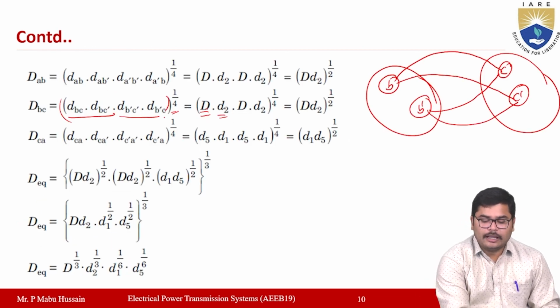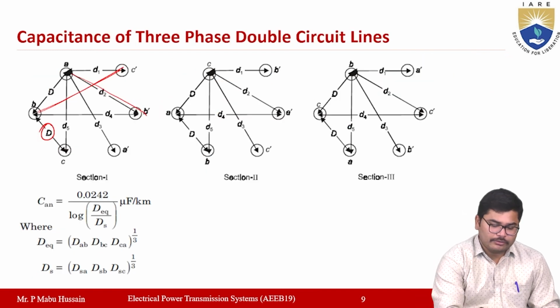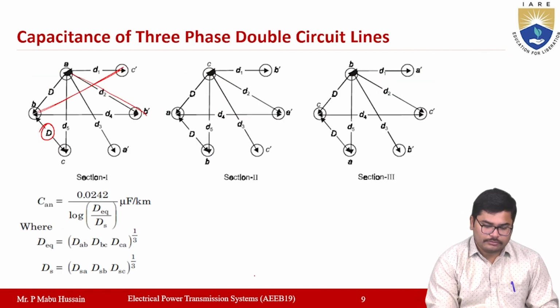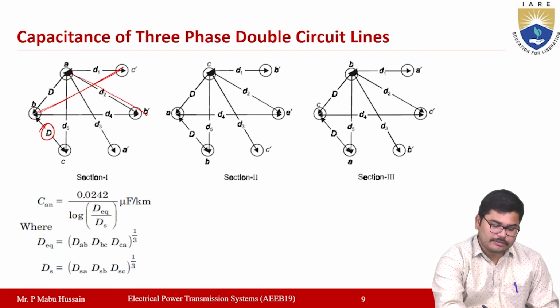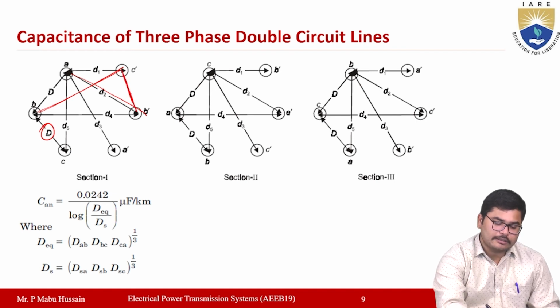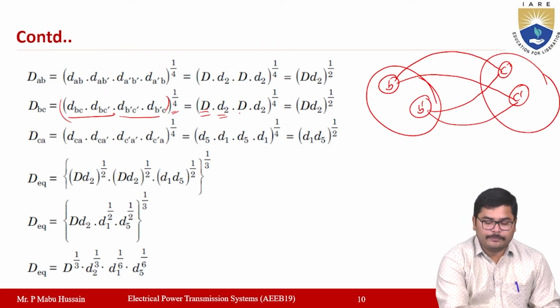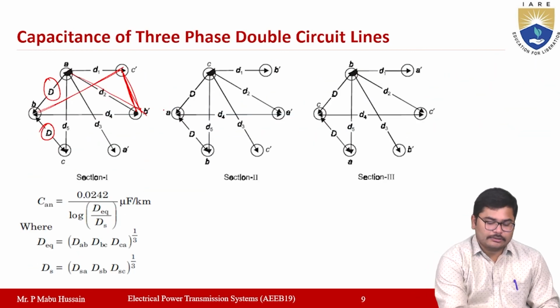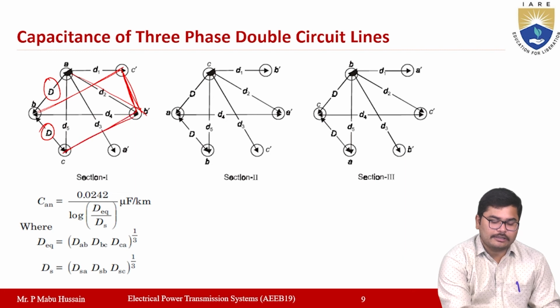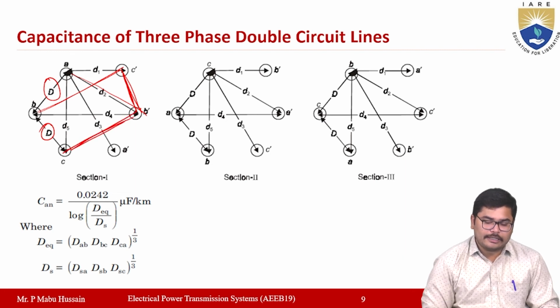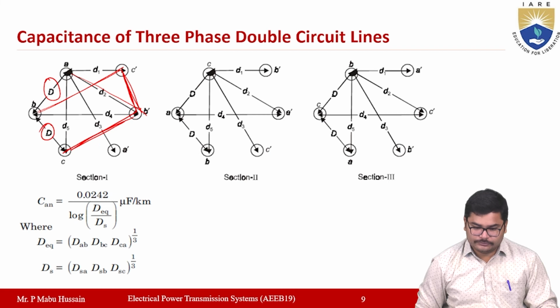Then B dash to C dash is this distance, which is the same as this distance, capital D. And B dash to C here is this distance, which again is the same as D2 only.